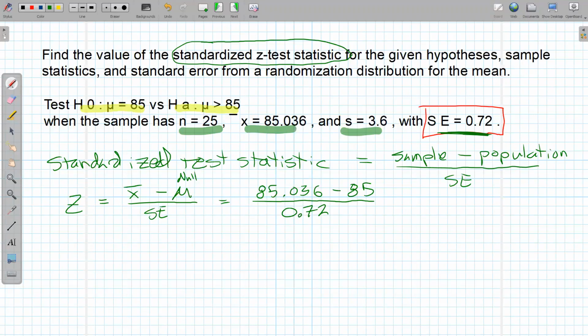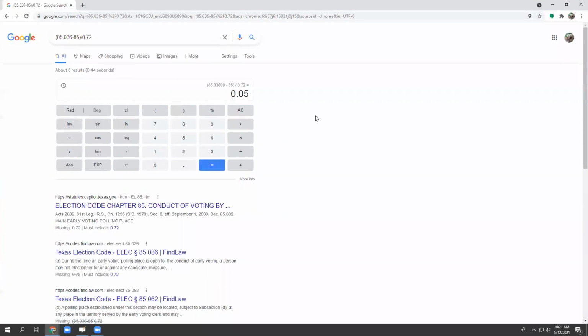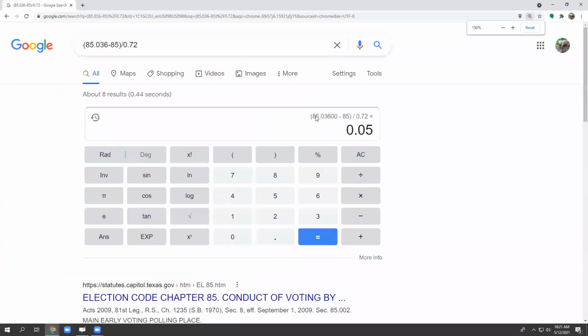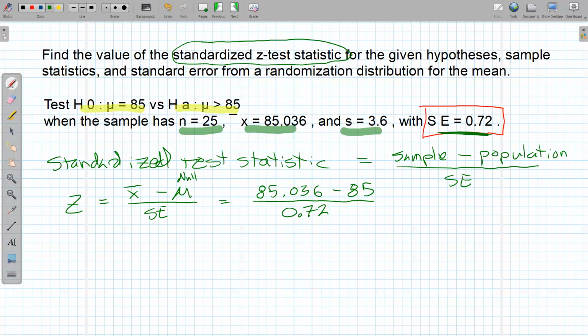All right, so if I typed it right, let's bring this over here and take a look. So I've got my 85.036 minus 85 divided by 0.72. I just type that in Google search, Google whips out the calculator, and I get 0.05 as my z-score. All right, reminder, what is a z-score?